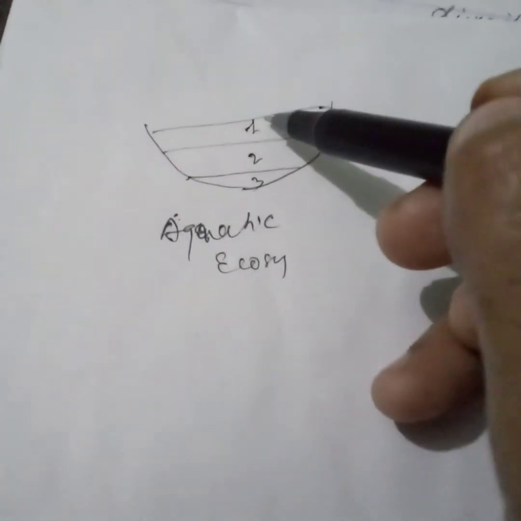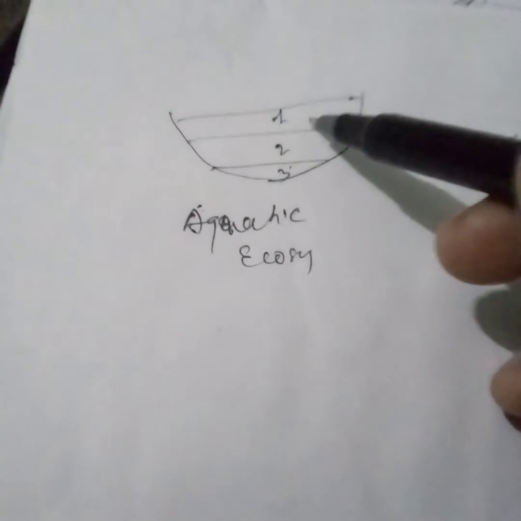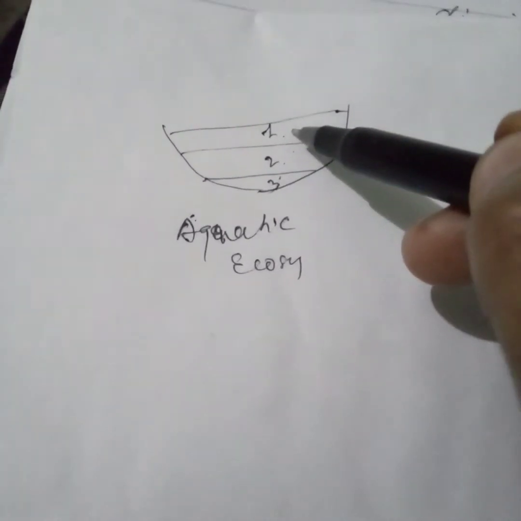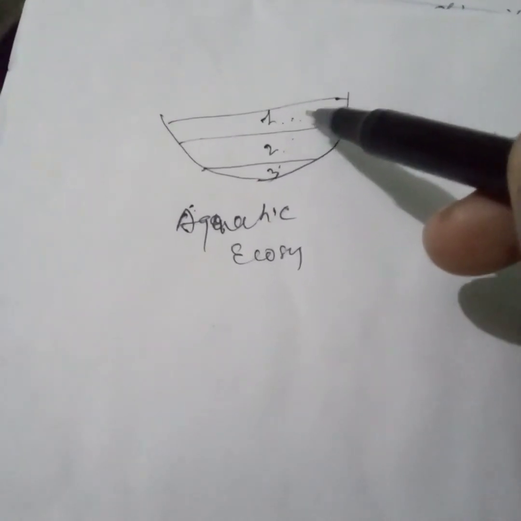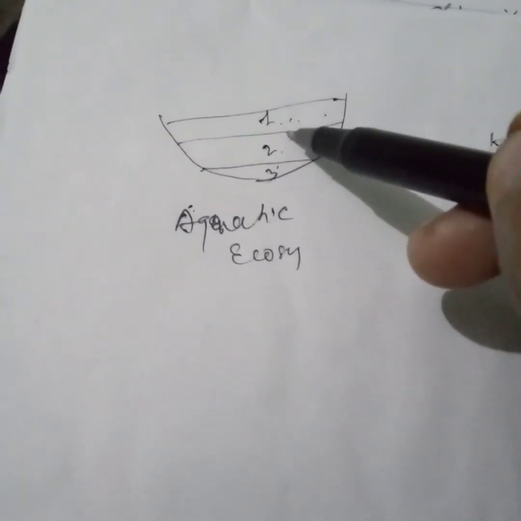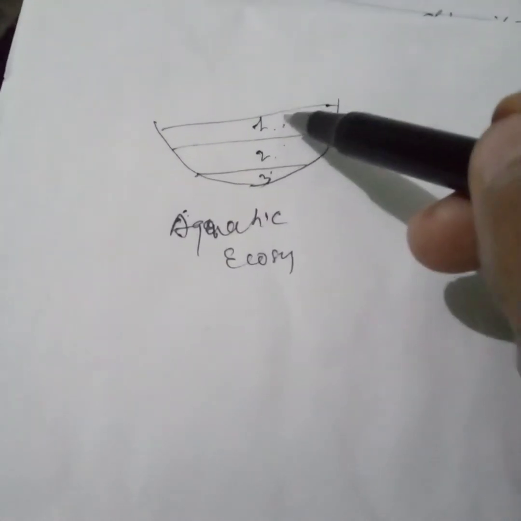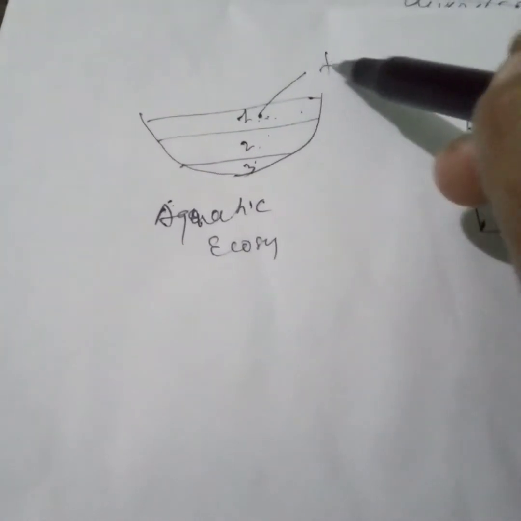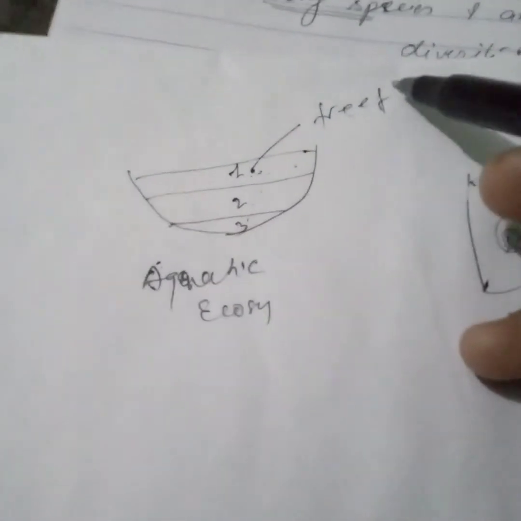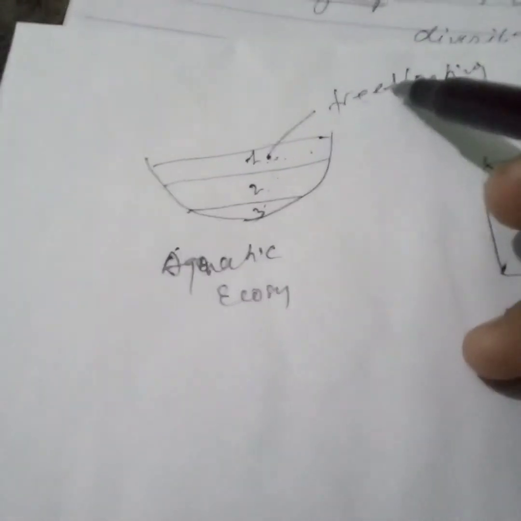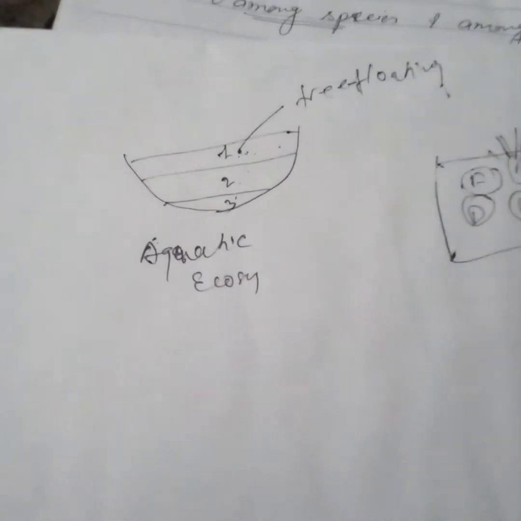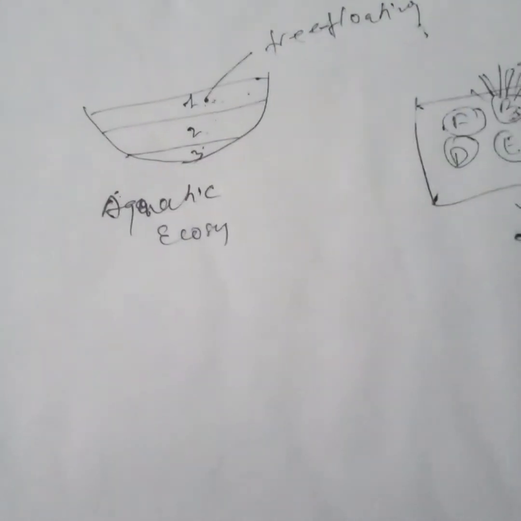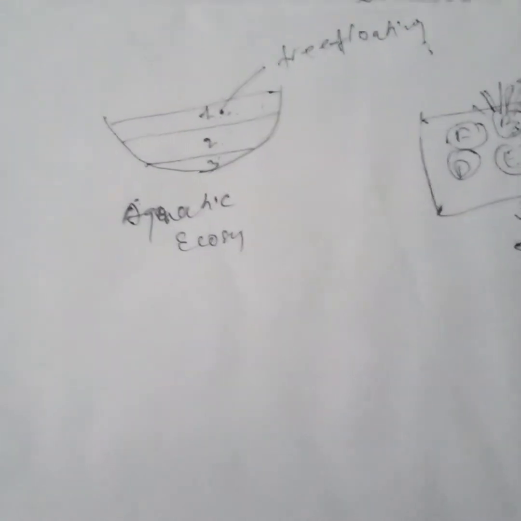In each trophic level there are numerous different kinds of species. So suppose this first trophic level includes free floating species, such as small free living plants and other kinds of species.